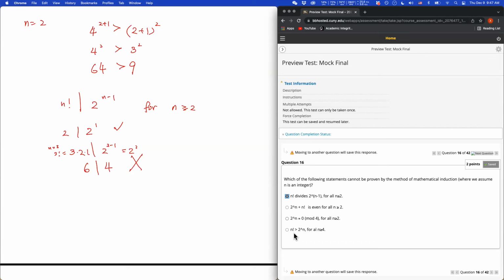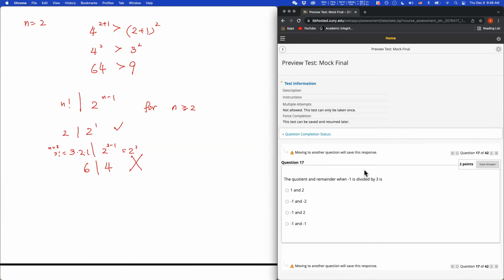Now, n factorial is greater than 2 to the n for all n greater or equal to 4. I believe we proved this in class. Okay, then we will move on.